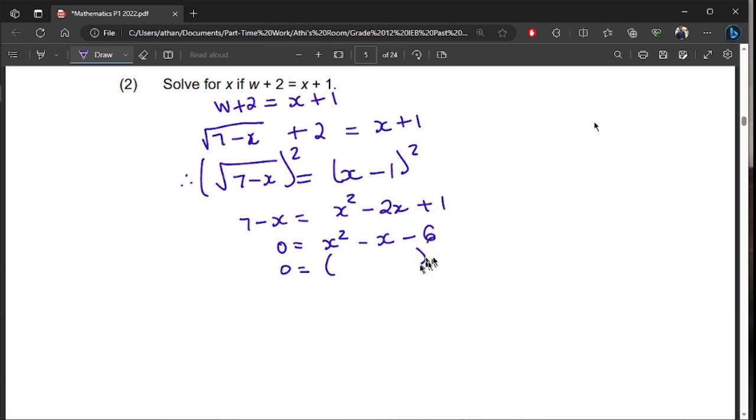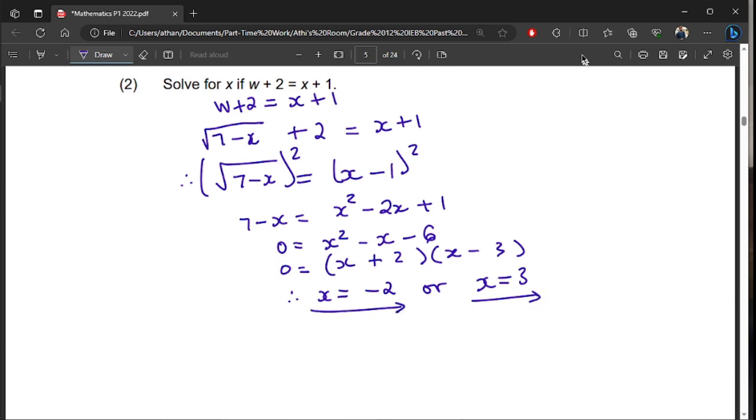Then let us try to factorize here. x and x, factors of 6 that can give you the middle term. So it's 3 and 2. The middle term sign goes to the bigger factor. And then put a plus there because 2 times negative 3 is negative 6. That means the value of x is negative 2 or positive 3.